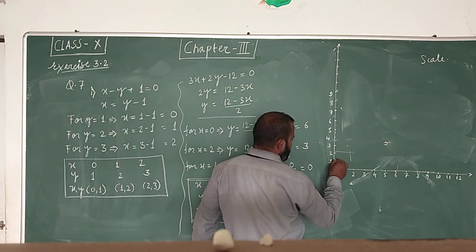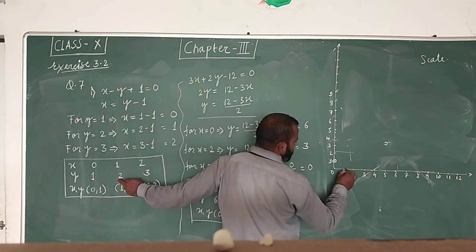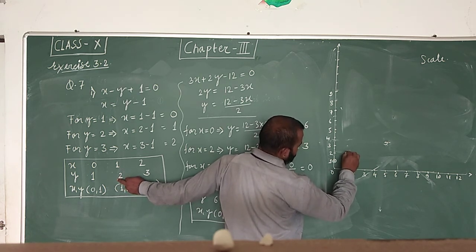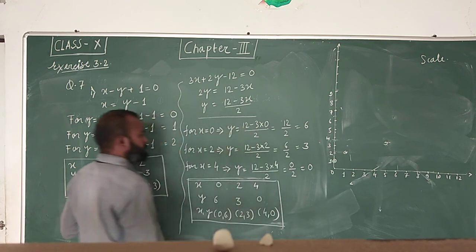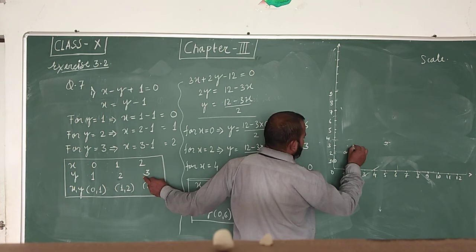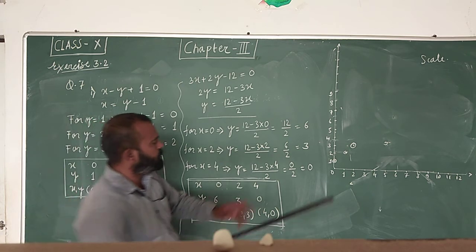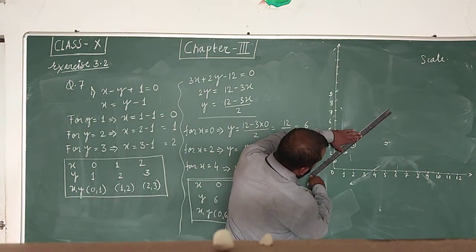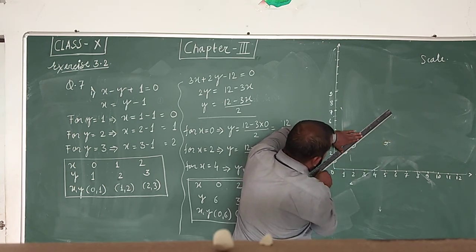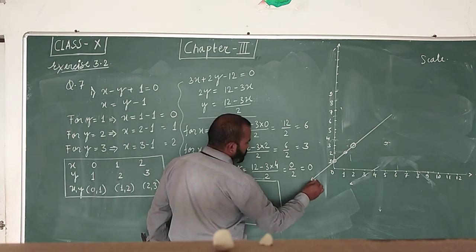Here we will get it. Then (1, 2), exactly here we will get. Then (2, 3). So this is that line which we were in need of.